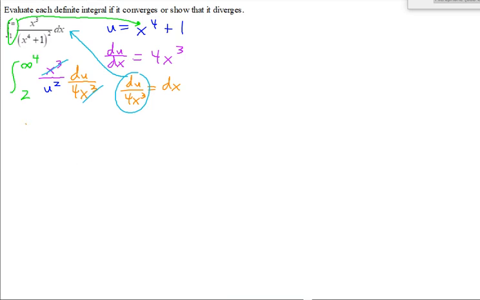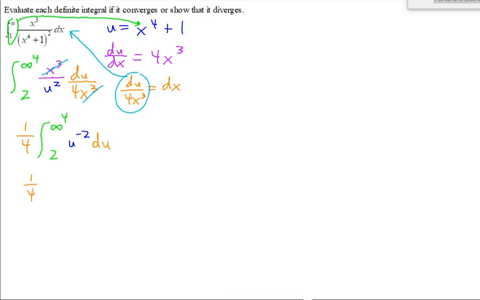And notice this one doesn't involve natural log, even though it's in the number, because it's not u to the first. It's only u to the first power that involves natural log when you're integrating. So you would just rewrite this from 2 to infinity to the 4th of u to the negative 2. I'll just use our power rule. So you've got 1/4 on the outside.